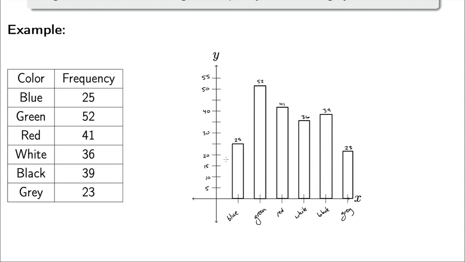One important aspect to know about bar graphs when we're illustrating qualitative or categorical data is that the bars do not touch each other. That's going to be important later on when we talk about organizing quantitative data. So for our categorical or qualitative data, we have bars that do not touch each other.